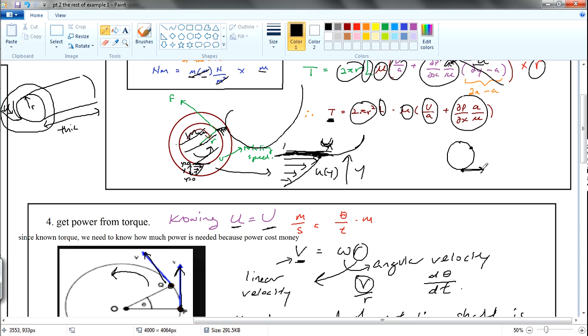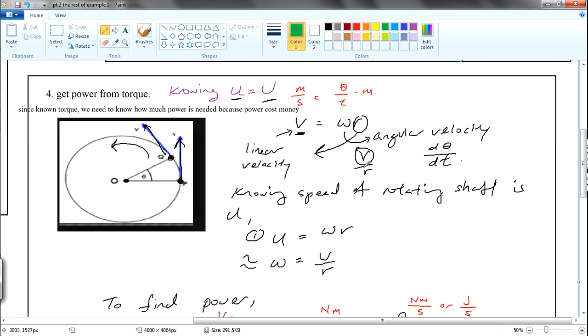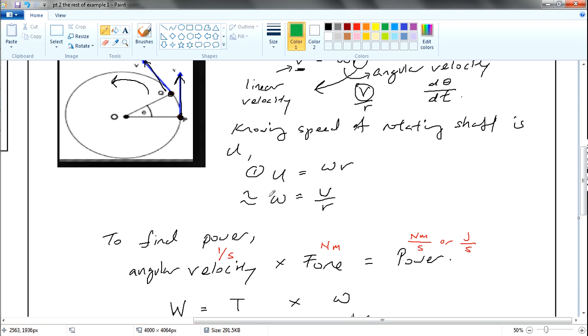This is the velocity of the plate, and then the fluid profile. So this is the linear velocity, and therefore we can set v equal to u, since v is the linear velocity. So I just bring the r downwards. That's all.